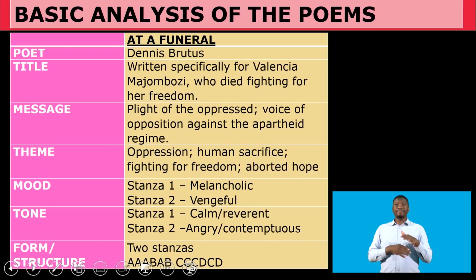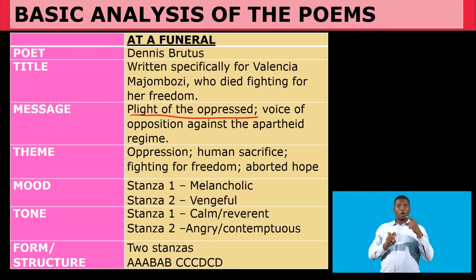At a Funeral by Dennis Brutus is written for, specifically, Valencia Majombozi, who died fighting for her freedom. The message is about the plight of the oppressed. This is also an apartheid poem. The theme is one of oppression, human sacrifice, fighting for freedom, and aborted hope.